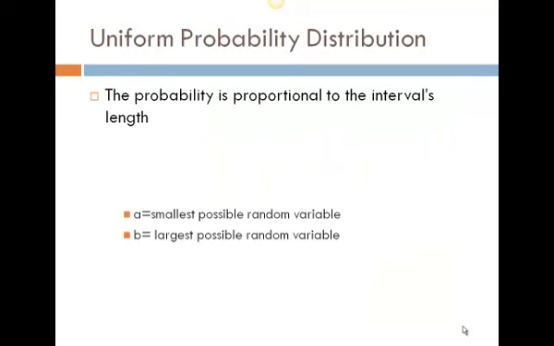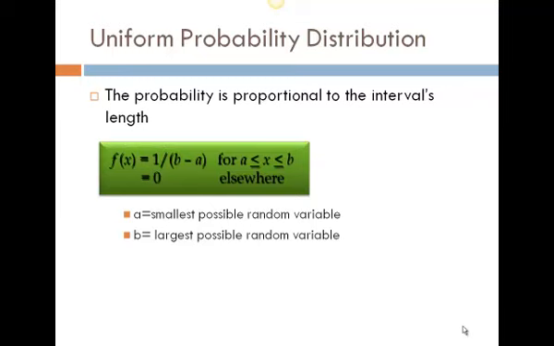So let's start with the uniform probability distribution. The probability is proportional to the interval's length, where A is the smallest possible random variable that can occur, and B is the largest possible random variable that can occur.